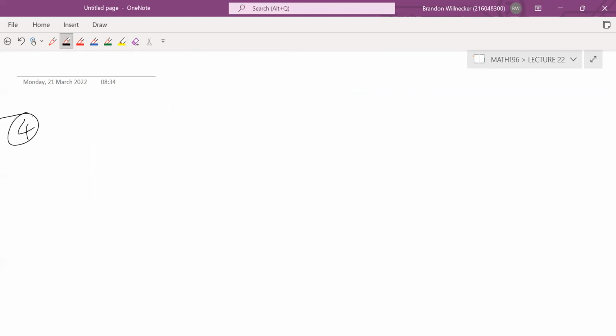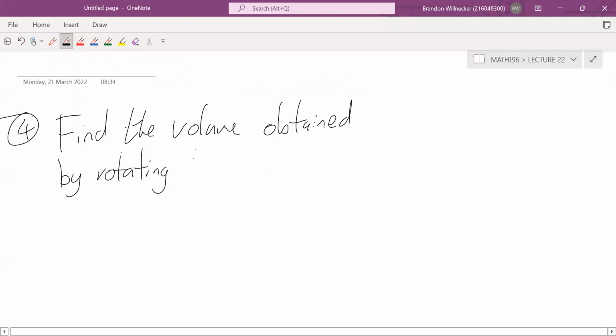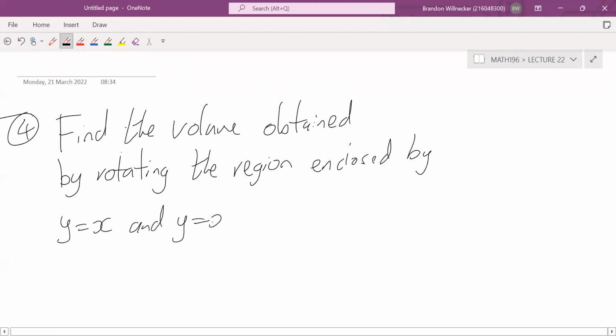Find the volume obtained by rotating the region enclosed by y equals x and y equals x squared.